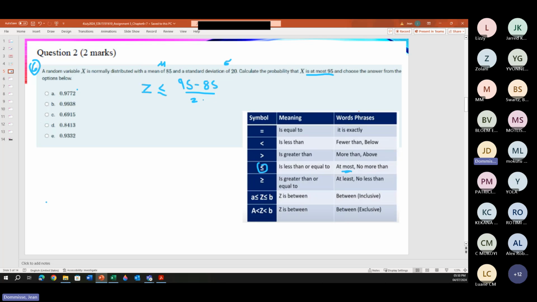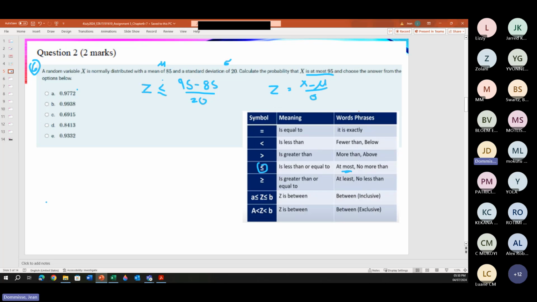So remember, again, the formula that we are using in this study unit is X minus mean divided by the standard deviation.